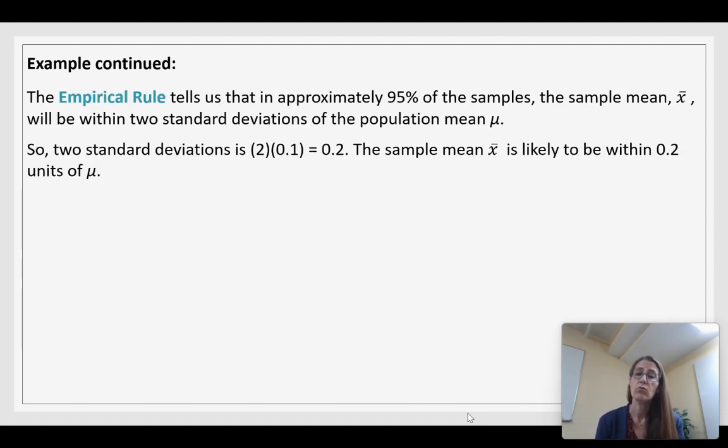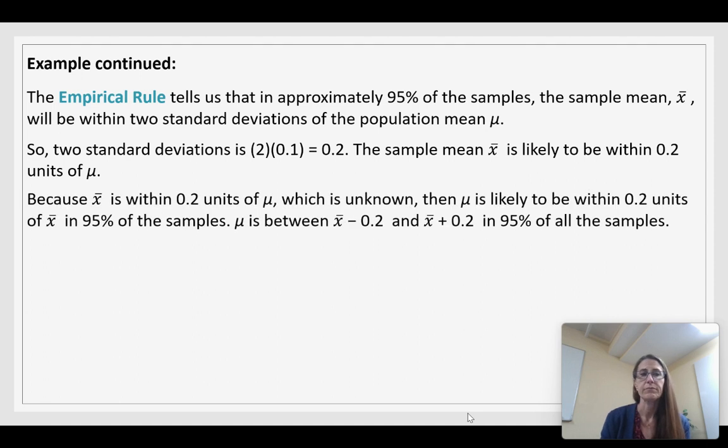The empirical rule tells us that in approximately 95% of the samples, the sample mean x bar will be within 2 standard deviations of the population mean mu. So 2 standard deviations is 2 times the 0.1 that we just calculated, so 0.2. The sample mean x bar is likely to be within 0.2 units of the true population mean mu.